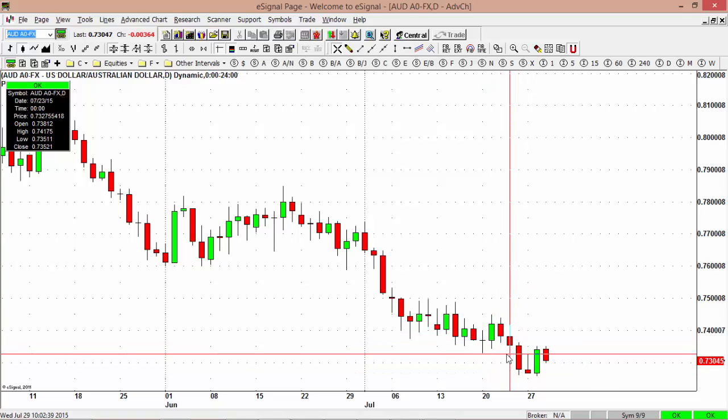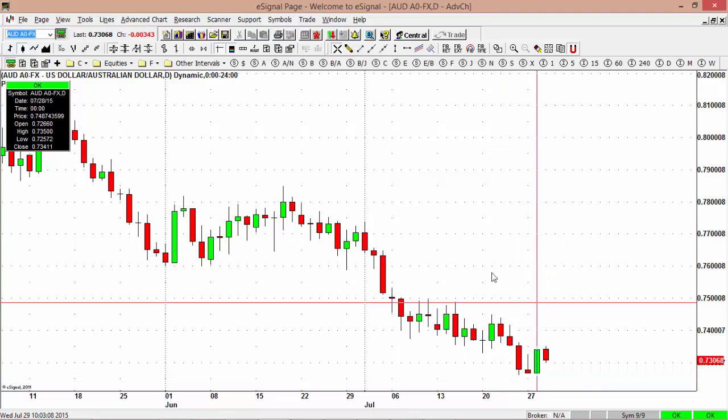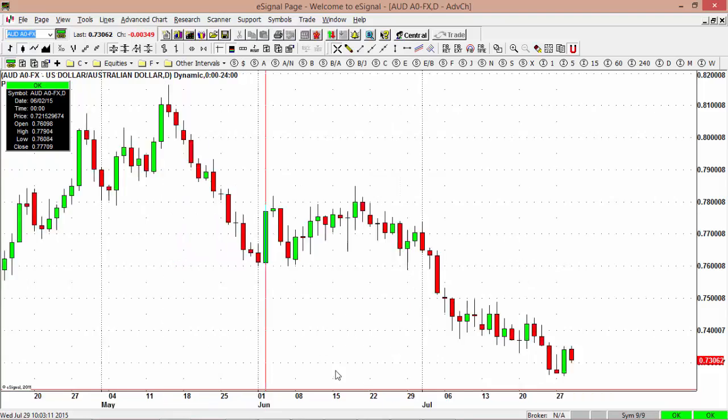This is very critical because if we see a close below this recovery candle level, that will definitely mean that the market continues to be weak and we will see further selling. But if we do get a close above the 75-cent level, that could indicate that we are in for a larger recovery in the Australian dollar versus the US dollar.